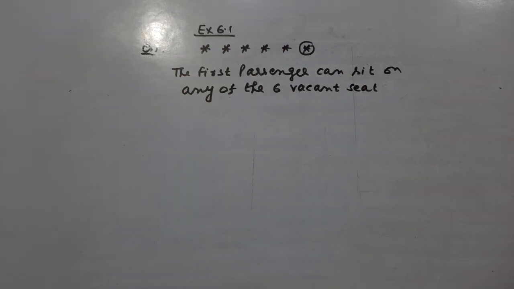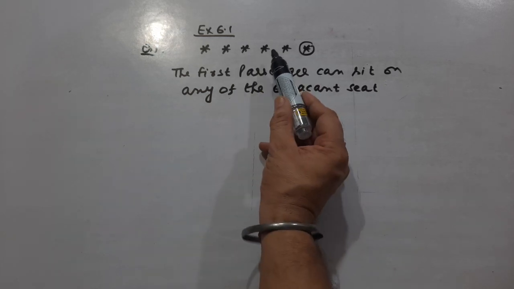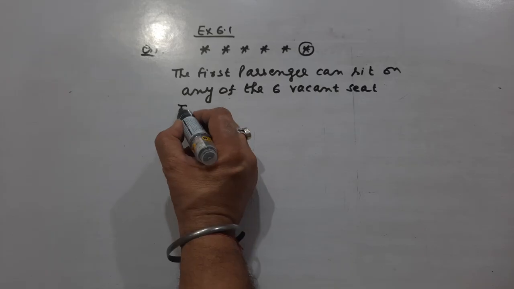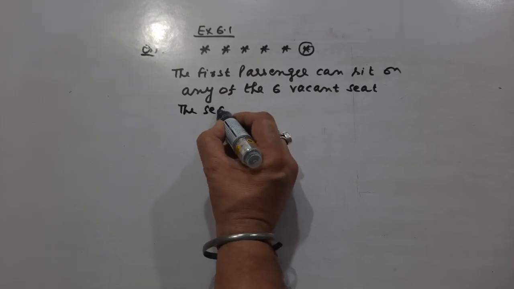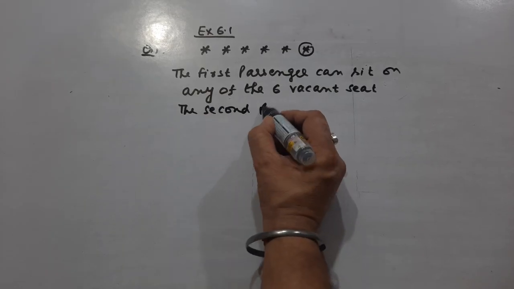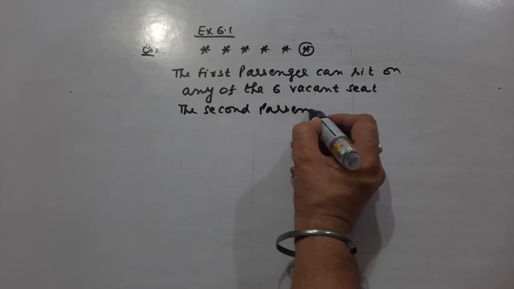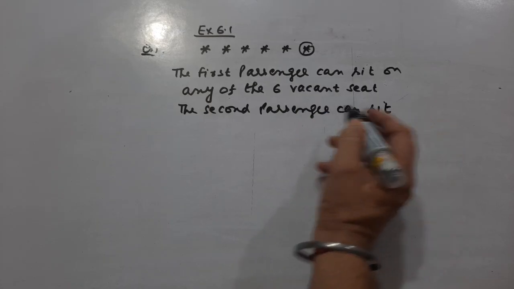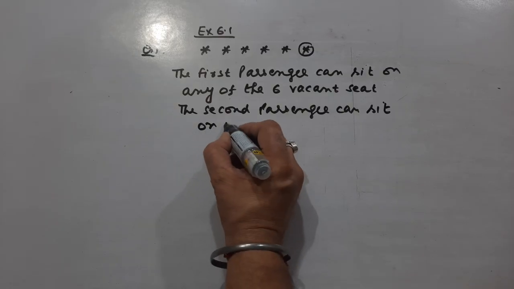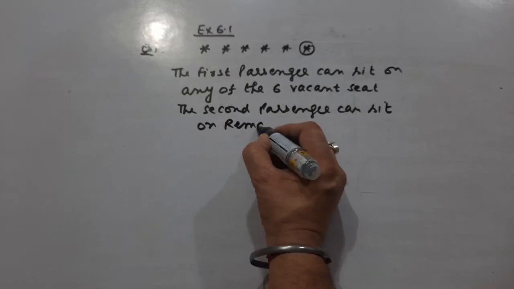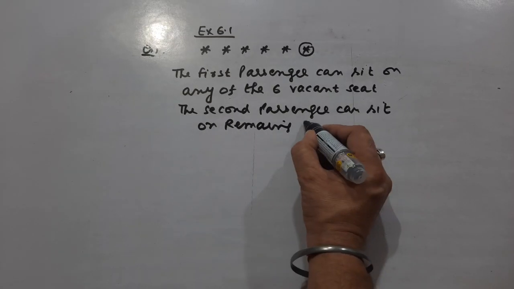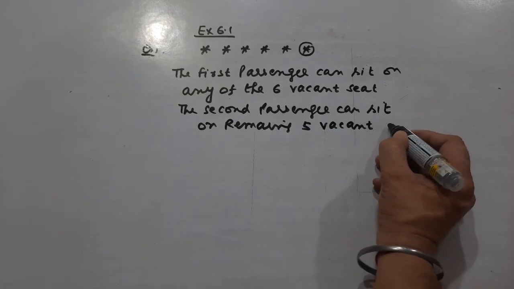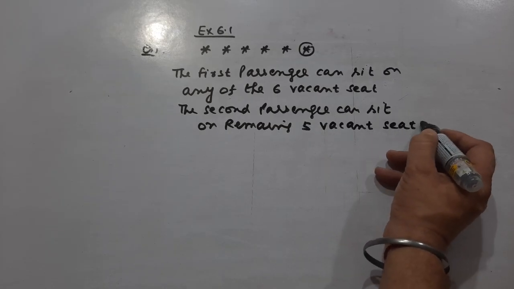Now the second passenger. For the second passenger we have 5 seats available. We write: the second passenger can sit on any of the remaining 5 vacant seats, right?